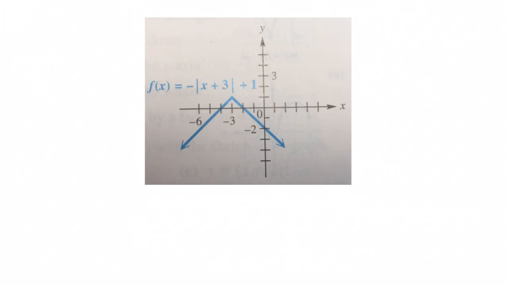Remember the vertex starts at 0, 0, so as you can see it shifted to the left 3 units, the +1 shifted it up 1, and now it's flipped. It's gone from facing upward to facing downward. So now on to part B.